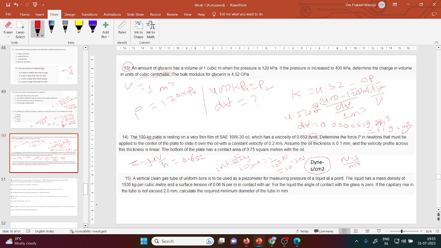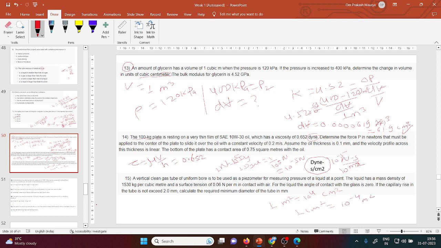So you need to put 10 to the power minus 5 here, and the second is the same in both cases, and here it is meter square, not meter cube. 1 meter square is equal to 10 to the power 4 centimeter square, so 1 centimeter square is equal to 10 to the power minus 4 meter square.